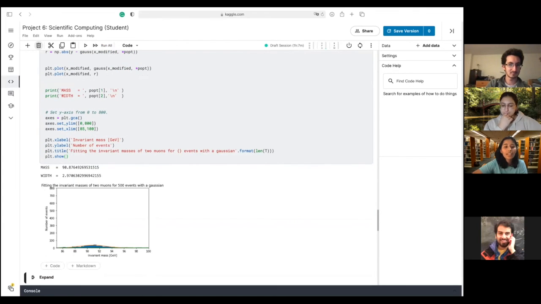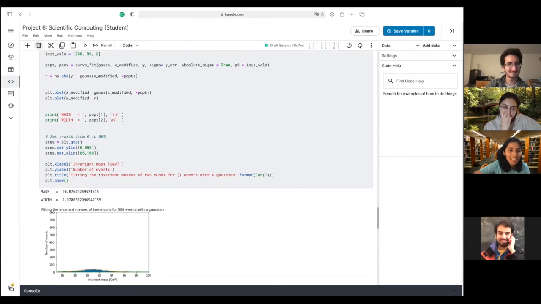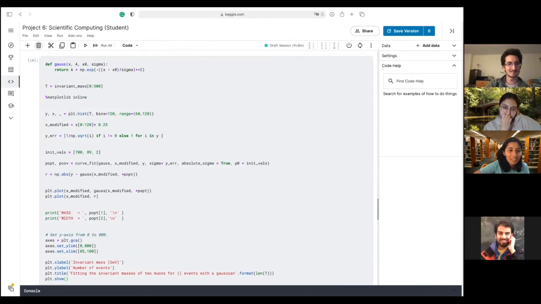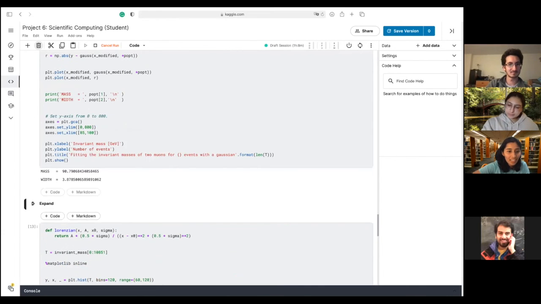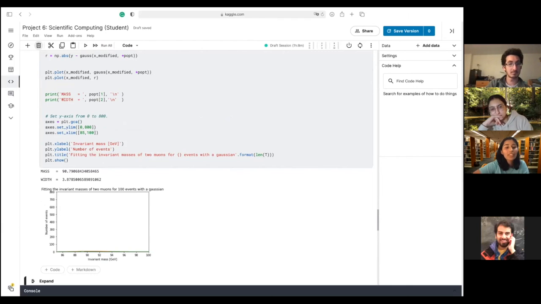Actually, for this particular thing there is a good fit, surprisingly. But let's see if we go down. You see that the uncertainty in the width keeps on increasing, and the width is way off. But it seems like the mass is pretty spot on, which is actually surprising.